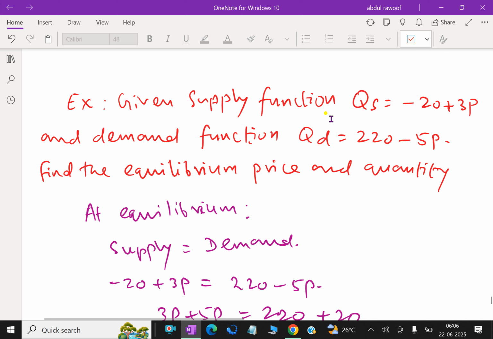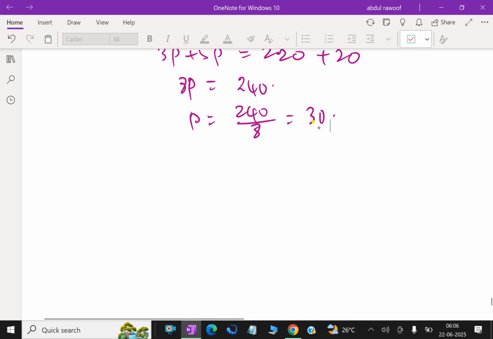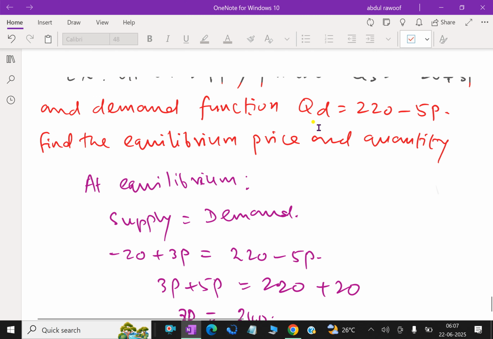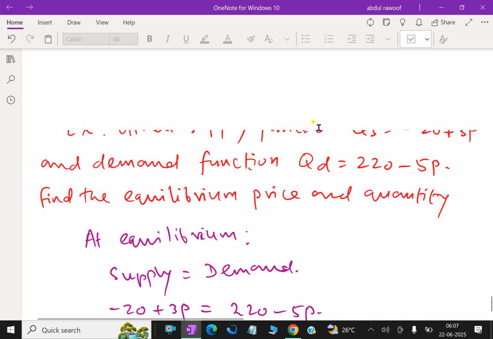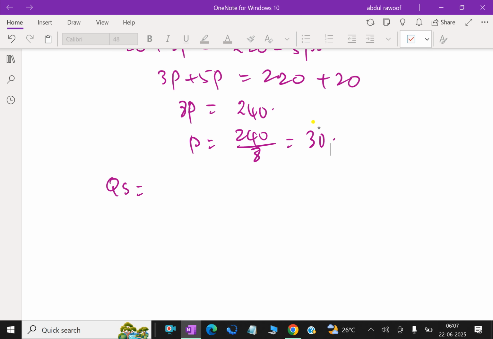The quantity supply function is Qs equal to minus 20 plus 3P.